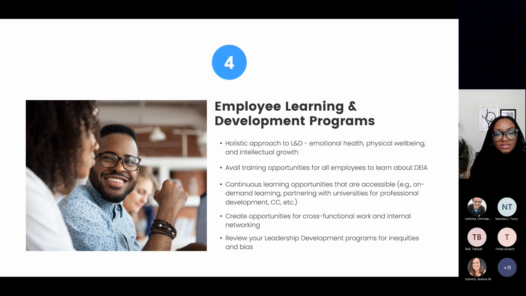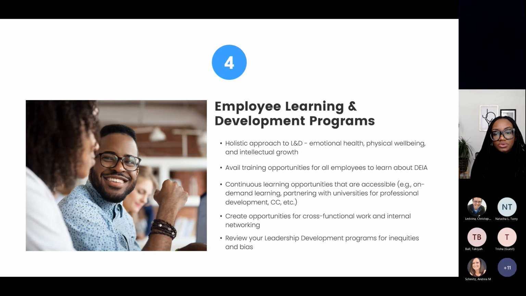Make sure there are continuous learning opportunities that are accessible. So, do you have on demand learning for individuals, right? In order to future proof our jobs, employees are continuously developing their skills and developing their knowledge, right? That's such a key employee benefit for us to have this on demand information available for them.